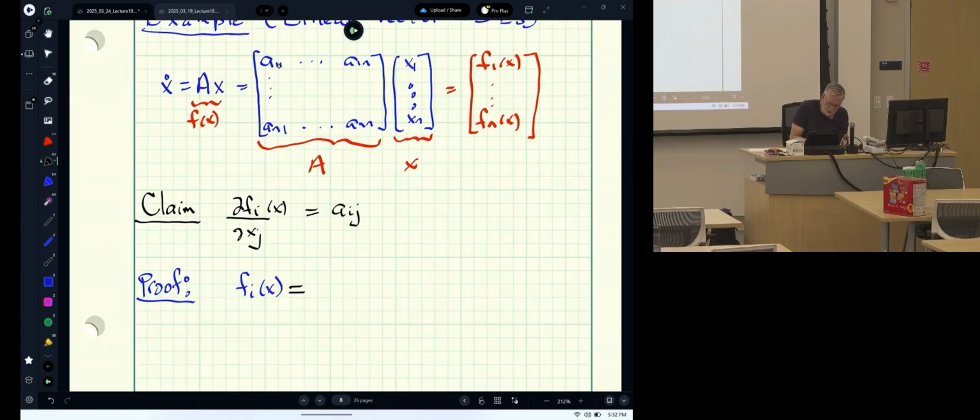So if this is A11, the first entry here is a_i1. It multiplies x_1. And then you get a_i2 times x_2, then a_in times x_n. Because the first entry is the row, the second entry is the column.